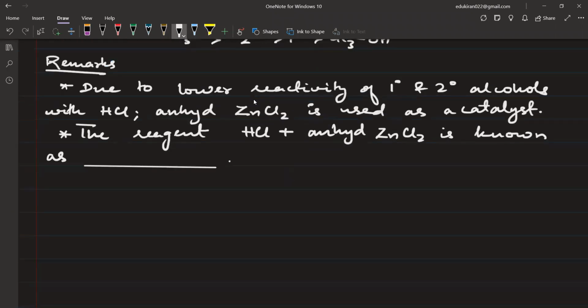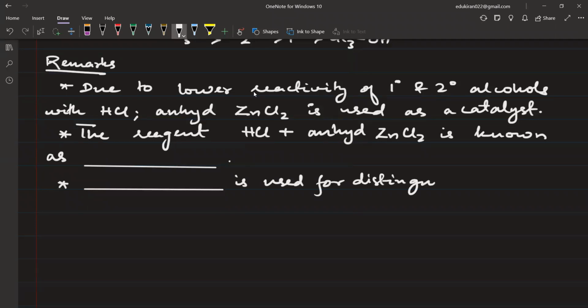And this same reagent, whatever you write in this dash, same dash here. This reagent is used for distinguishing between 1 degree, 2 degree, and 3 degree alcohol.